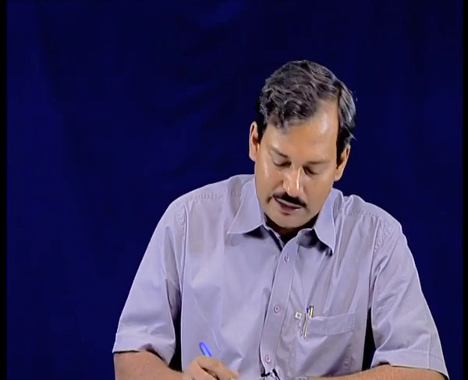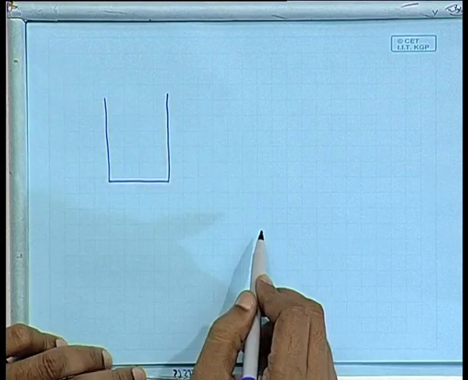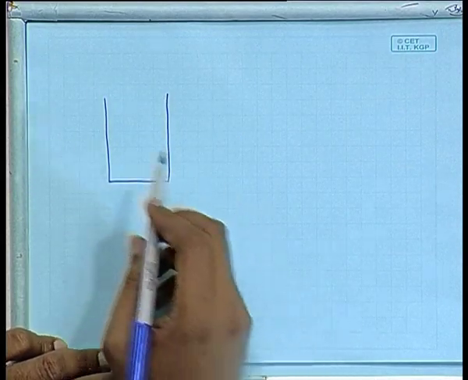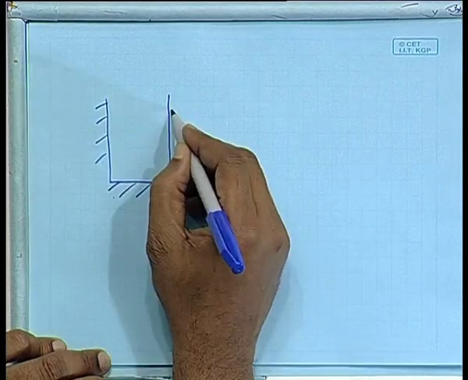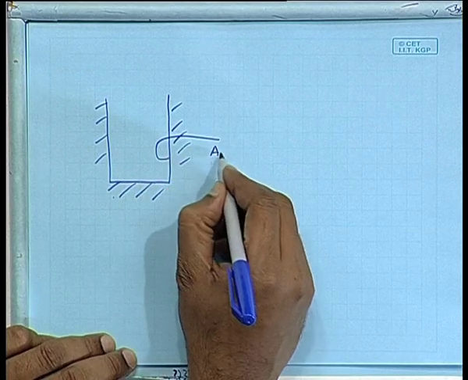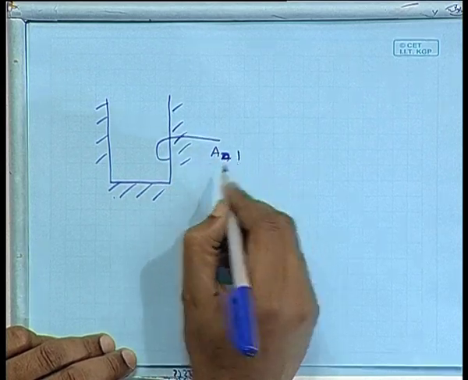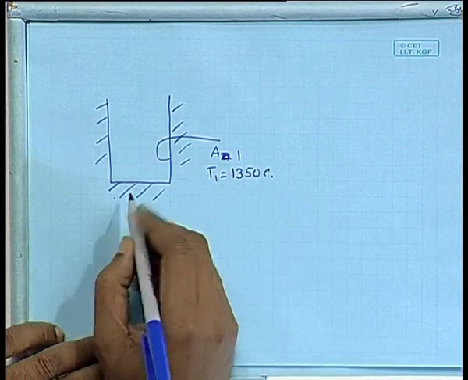Just a quick problem, which I will discuss and solve. This is about a cylindrical cavity, and these surfaces are well insulated. This is A2, A1, and its temperature is given as 1350 centigrade.